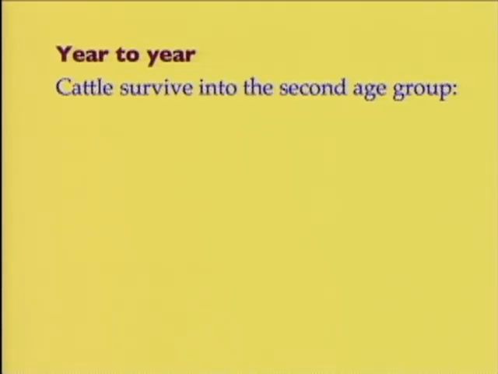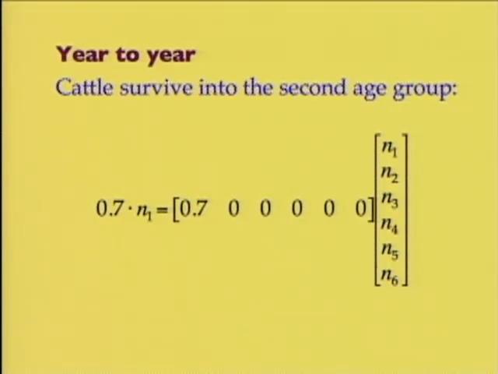You live to make it into that second age group. And I know the survival rates. I know that 70% of those in the first age group will then end up in the second age group, okay, after a 2-year cycle. And again, I can phrase that. Now, this looks messier than this, but I have a method to my madness. I'm going to take this survival rate, fill in the rest with zeros, and I'll just do a little, again, matrix multiplication here. And that gives me that result.